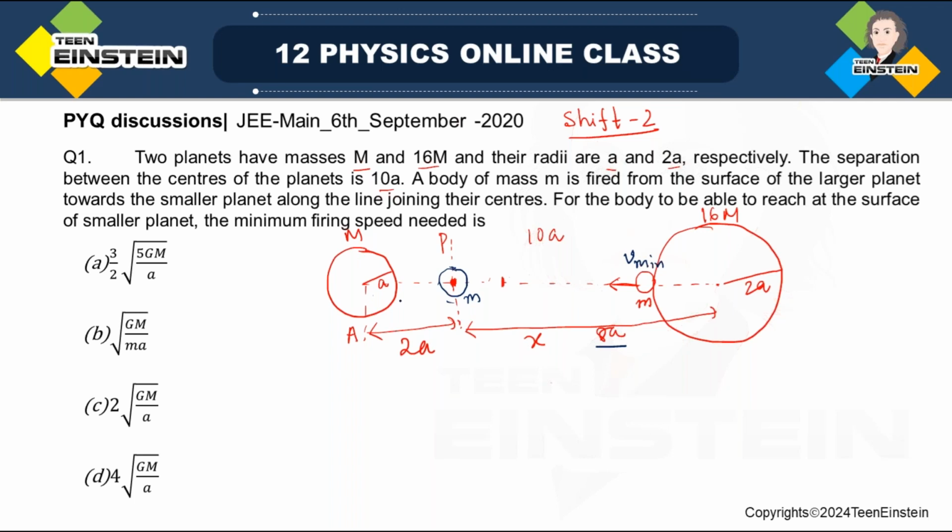Okay, so it will just fall on this, so there will be no kinetic energy here. v will be 0 while reaching here. All right, so there will be certain potential energy at this point.